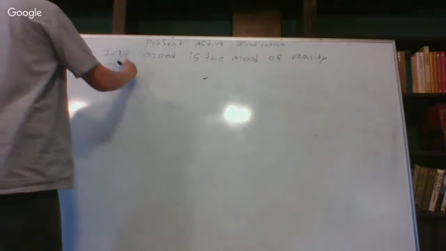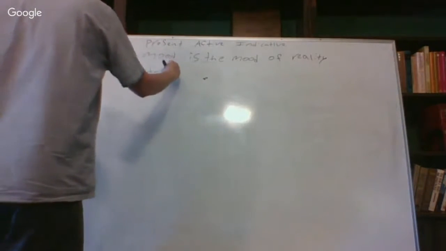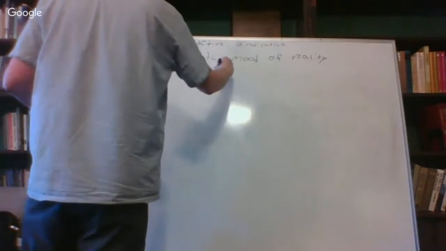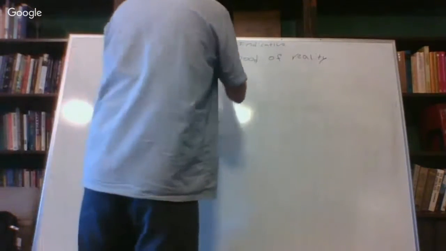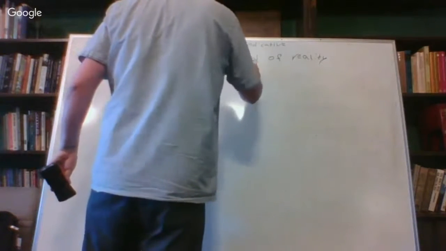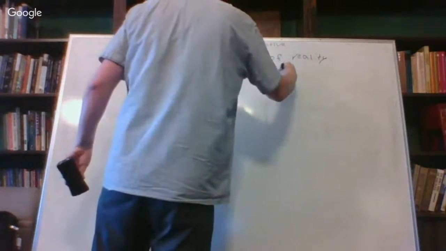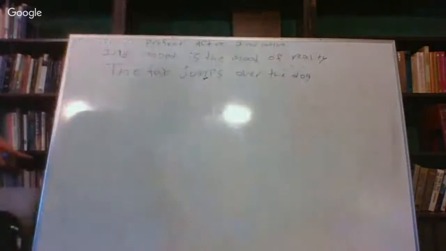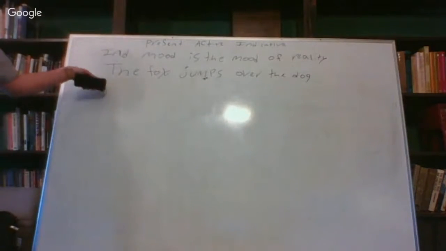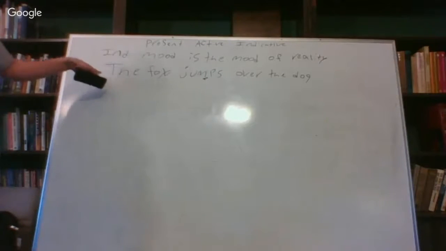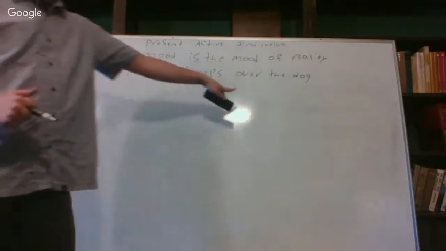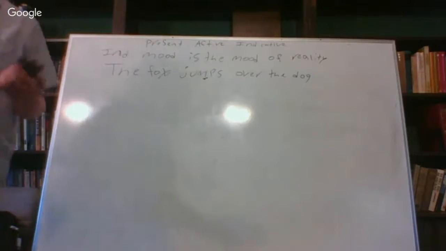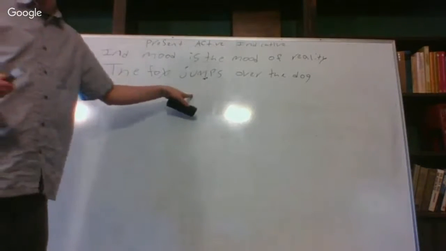So in our fun little sentence, the fox jumps over the dog. We are making a basic, simple statement. And we're using the indicative mood to tell that. Because we're saying the fox jumps over the dog. The verb here is, we could say, present active indicative.